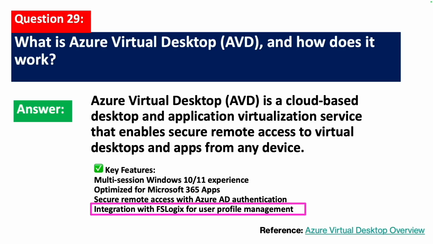This allows you to quickly provision a virtual desktop for temporary or seasonal workers without the need for additional hardware. Another use case is disaster recovery. This provides a reliable backup solution, ensuring business continuity in the event of a disaster. Or you could use AVD for any sort of development and testing as well.